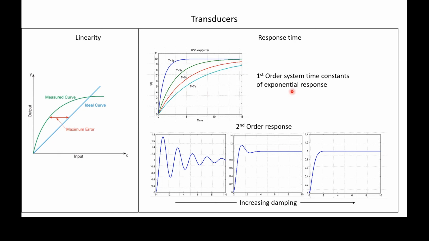And if it's a first order system, we characterize that by the time constant, and the response is an exponential. The response of the central chemoreceptors, for example, is generally thought to be an exponential response.